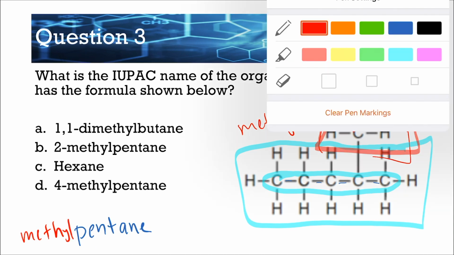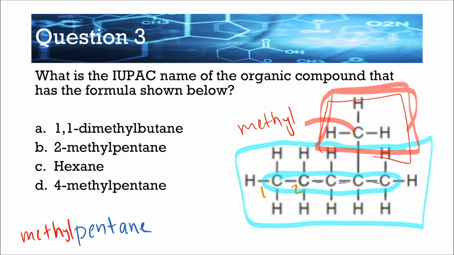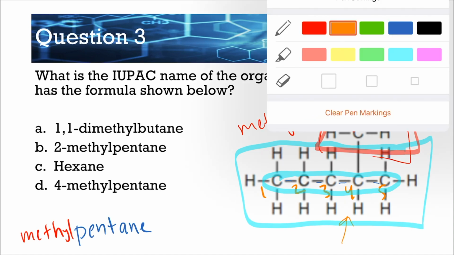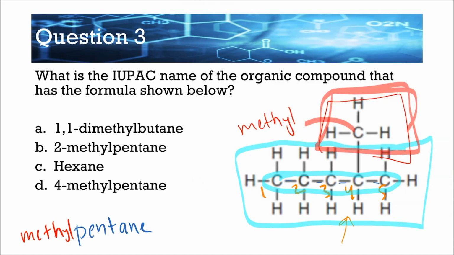There are two ways of looking at this. If we label our carbons 1, 2, 3, 4, 5, it looks like it's on the fourth carbon. But remember yesterday we talked about how we have to name it using the smallest number.